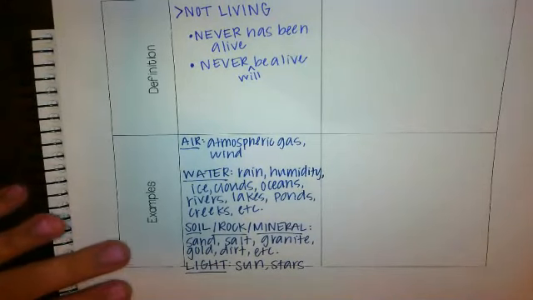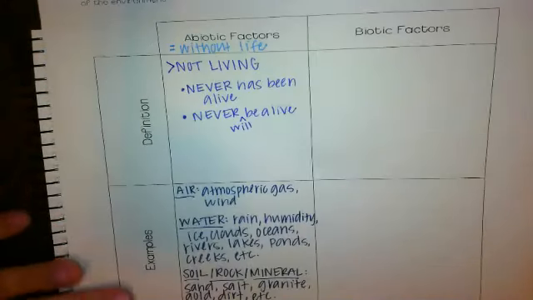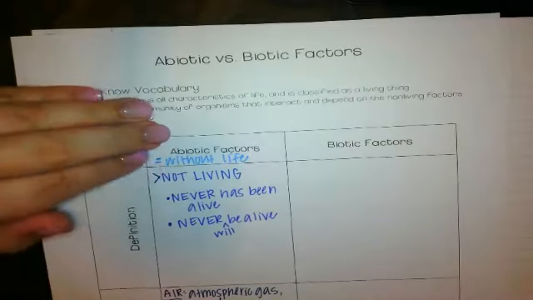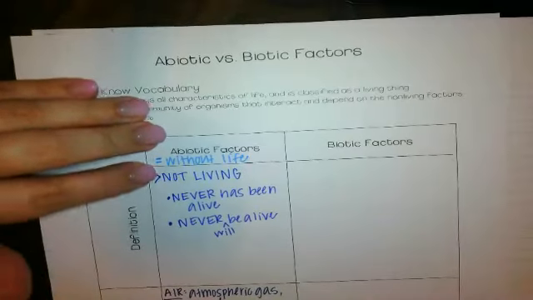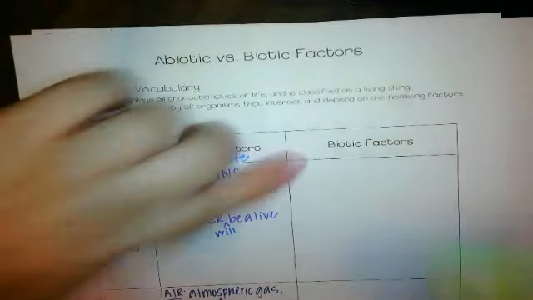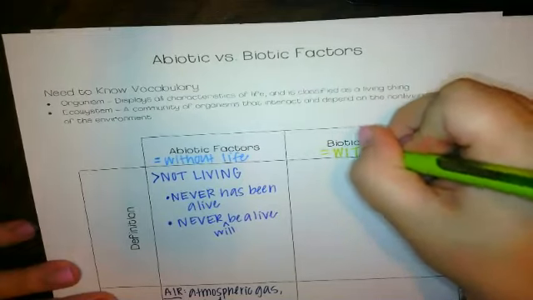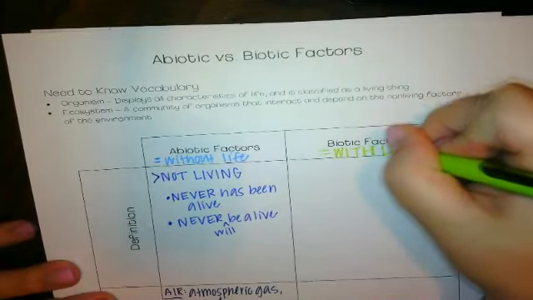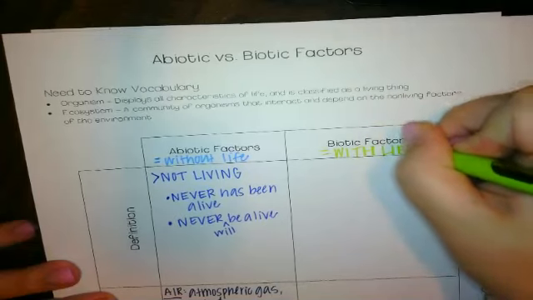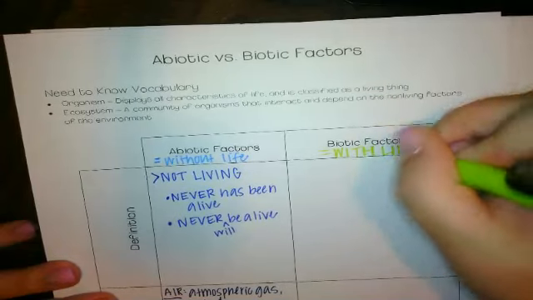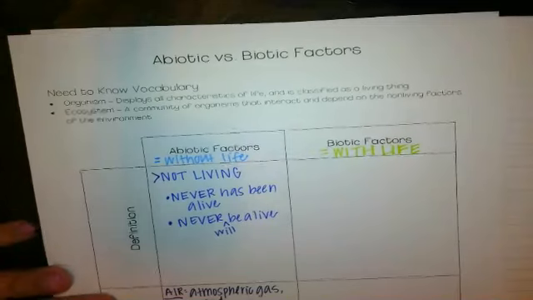All right, now that we've done that section, we're going to move up to biotic. So if abiotic means without life, you can guess that biotic means with life. All right.